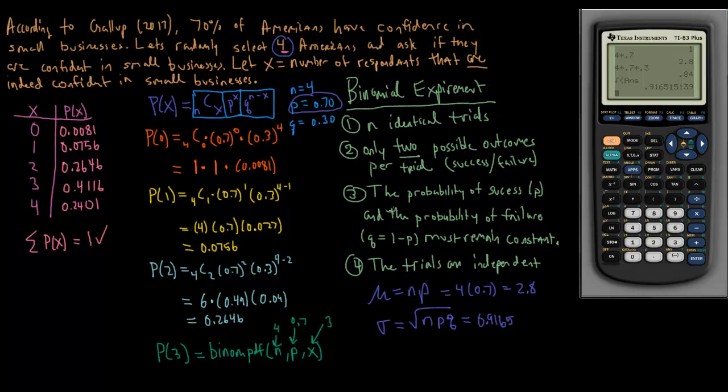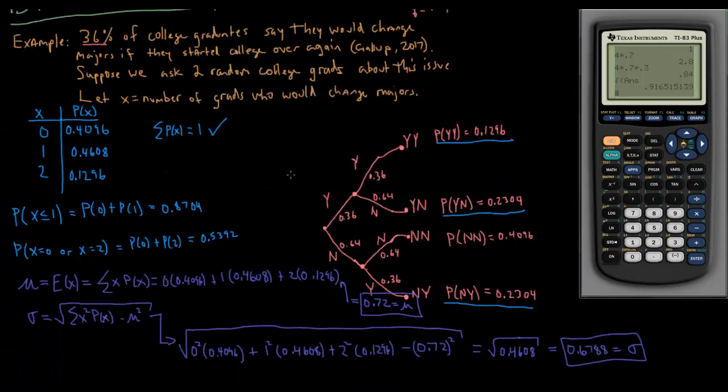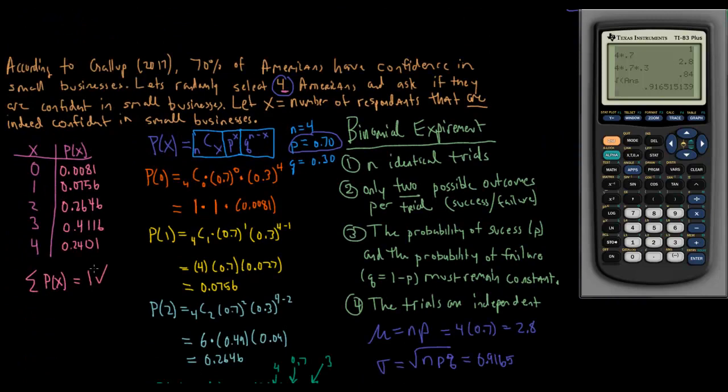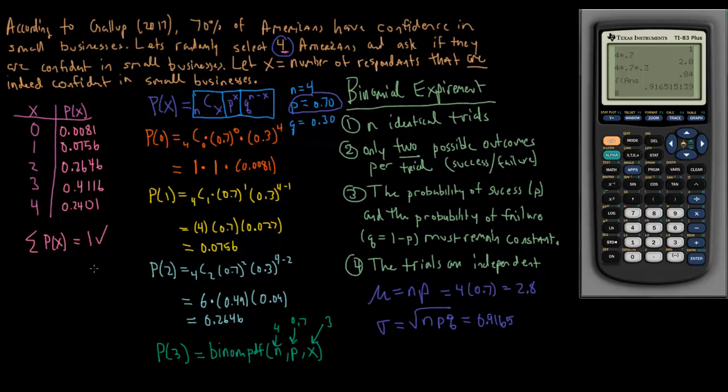Now, the thing is, you could always use, going back up here, this formula and get the exact same answer for mean, or this formula. So the general discrete data formulas for mean and standard deviation work whether you're in the binomial distribution or not.